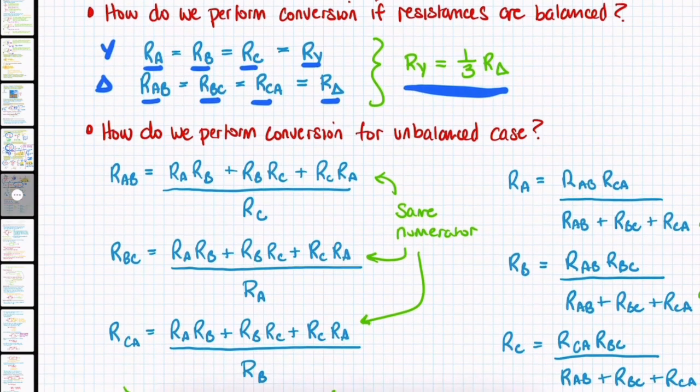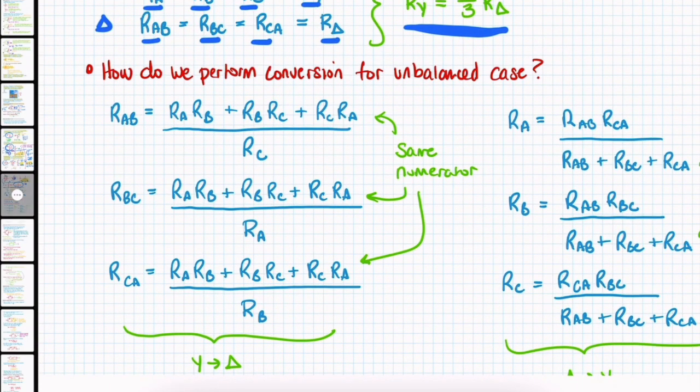Now, we also have equations for the unbalanced case. I'm not going to talk about this too much. So if RA, RB, and RC are not equal to one another, you can use these three equations in order to determine the corresponding delta terms. So this would be an example of a Y to delta conversion or transformation. I'm not going to read out all the terms. I think you could see that on your own.